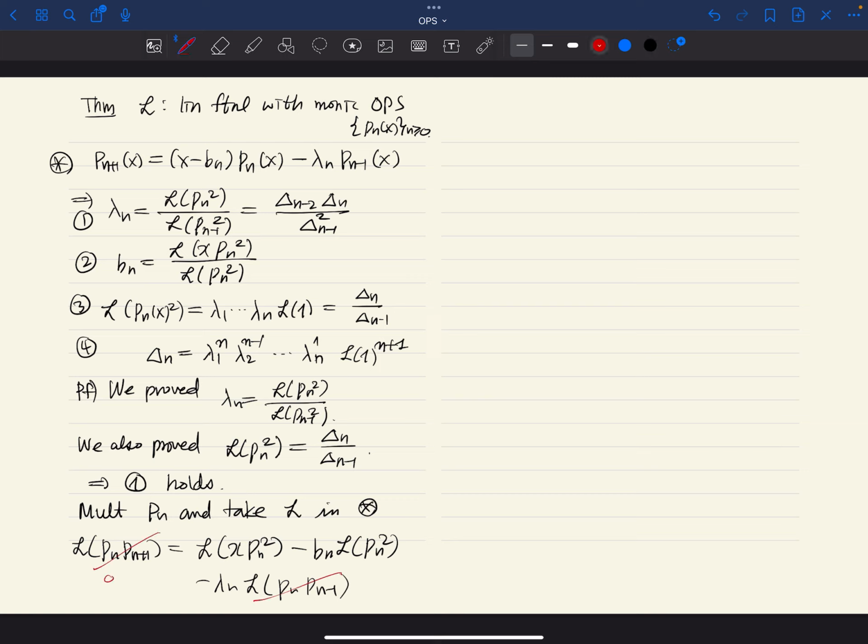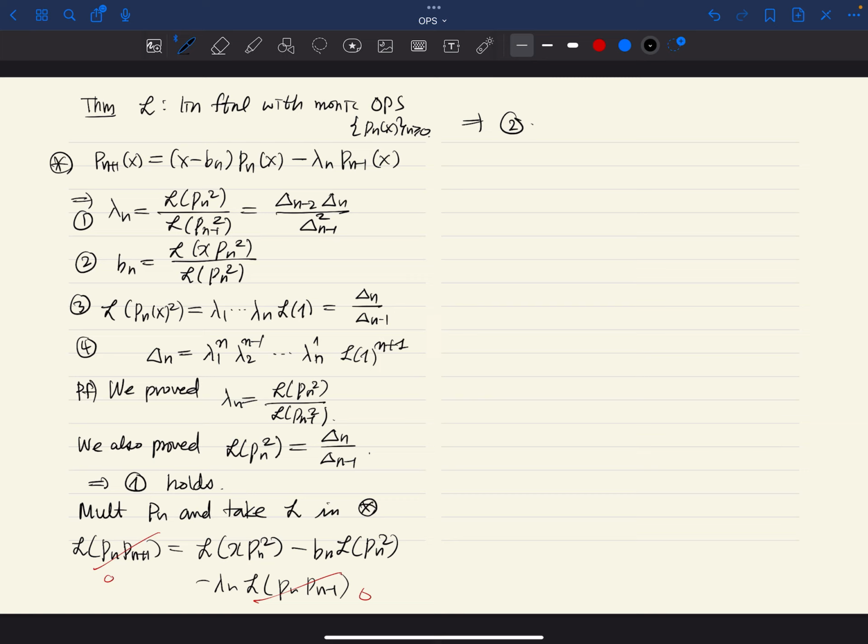This is 0, this is 0. This is non-zero. This, we don't know; it may or may not be 0, but we don't have to know that. From this, we immediately get 2, because this equals this, so just divide both sides by this, which is non-zero. So bn may be 0, but we don't know in general.